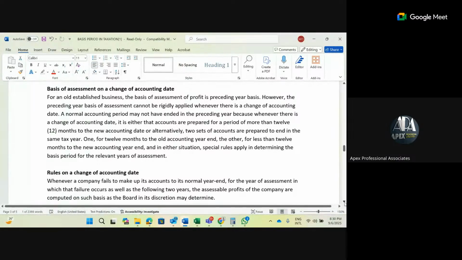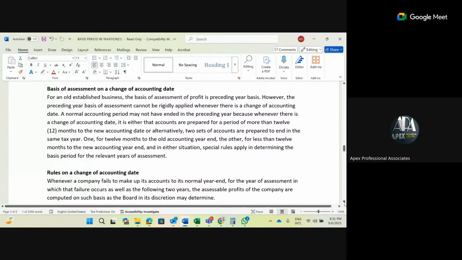Change of accounting date. It is allowed in the law for a business to change their accounting date. For an old established business, the basis of assessment of profit is still preceding year basis. However, the preceding year basis of assessment cannot be rigidly applied whenever there is a change of accounting date.